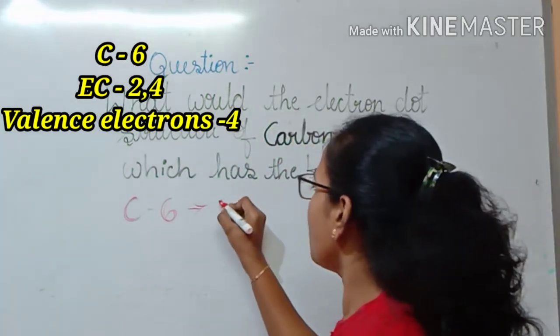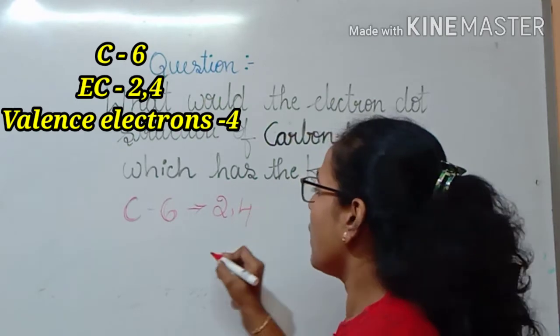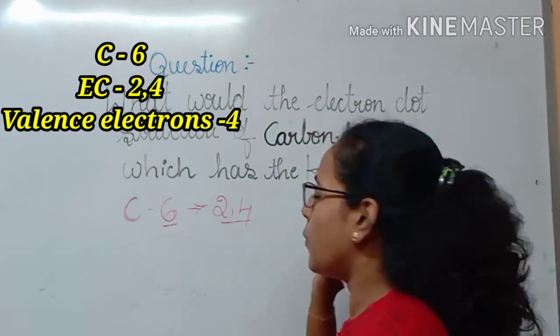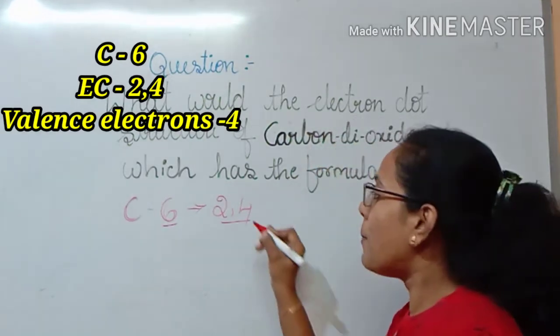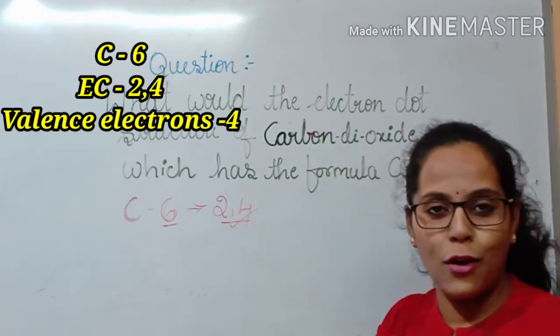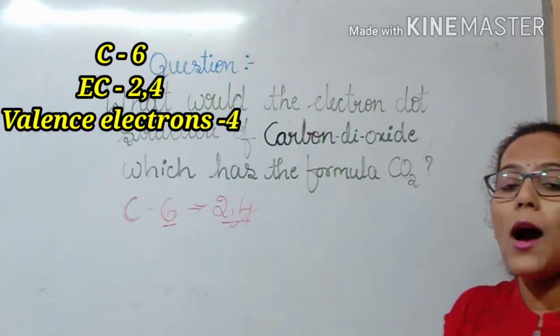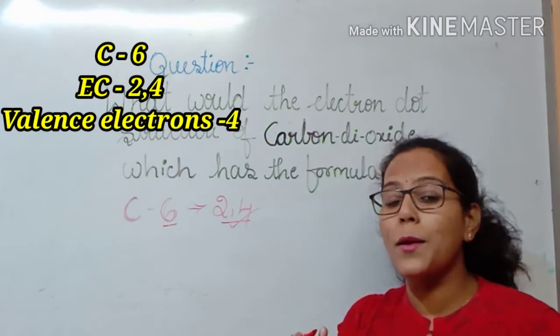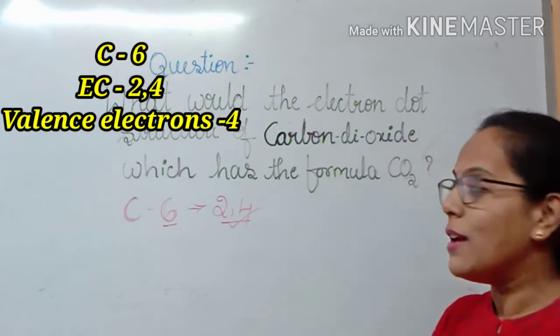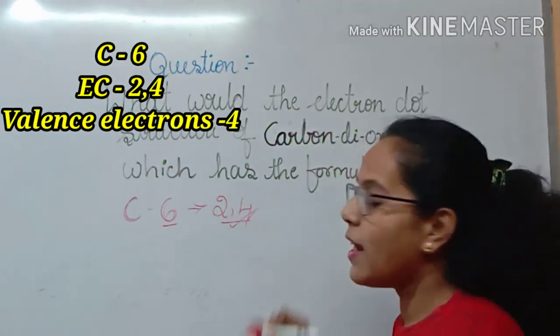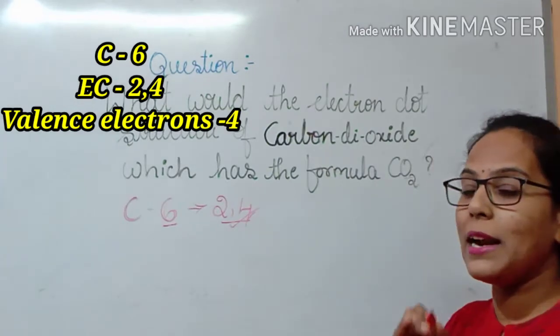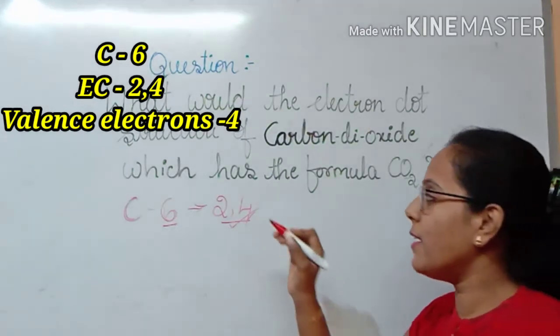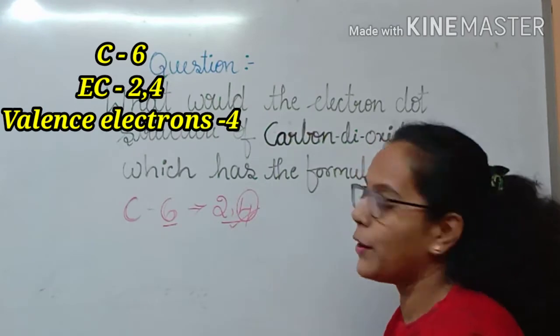Its electronic configuration is 2, 4. By looking at the electronic configuration, we can find the number of valence electrons present on the carbon. If we look at the last shell, we will conclude how many electrons are present on the valence shell. Here the carbon is having 4 valence electrons.